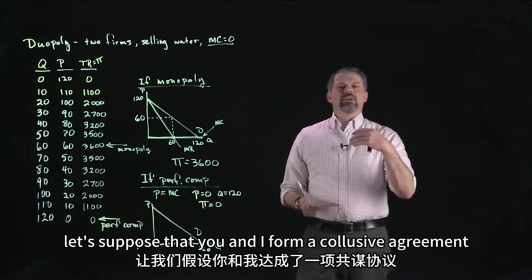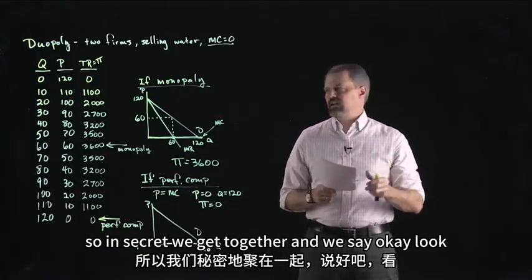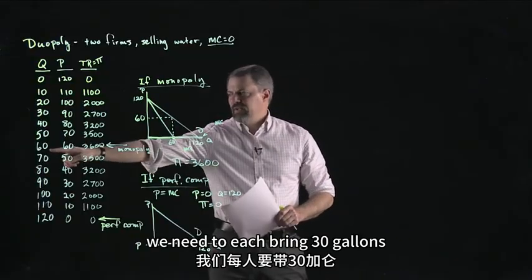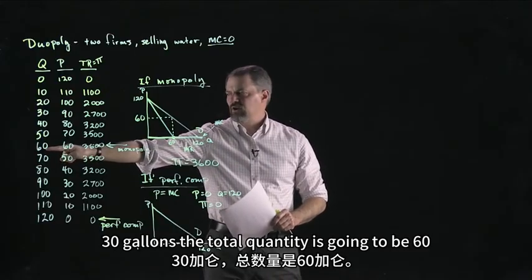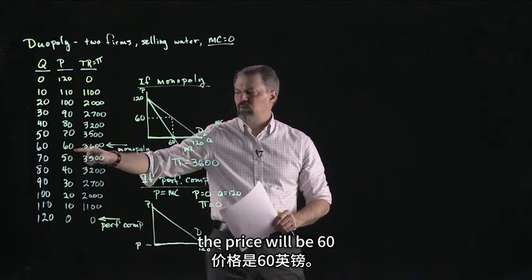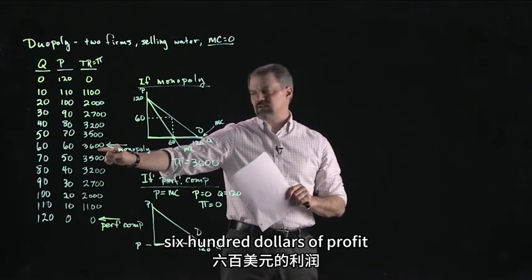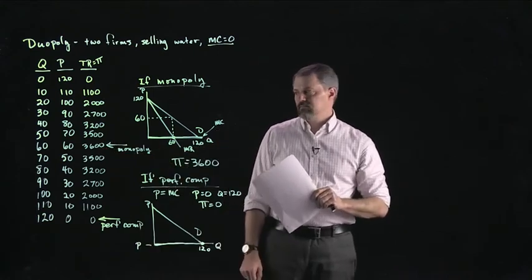Let's suppose that you and I form a collusive agreement. So in secret, we get together and we say, okay, look, here's what we need to do. We need to each bring 30 gallons, and if we each bring 30 gallons, the total quantity is going to be 60. The price will be 60. We're going to make total $3,600 of profit, and we'll split that down the middle.